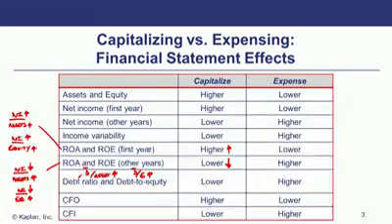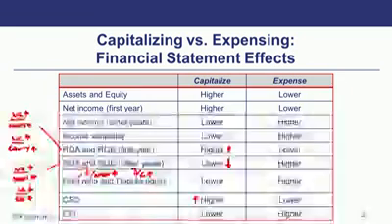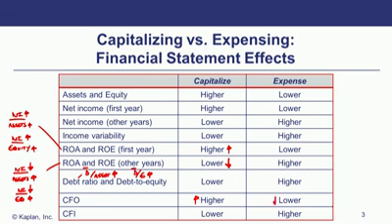So when you capitalise, it's treated as an addition to your infrastructure, and therefore the cash flow passes through CFI, which means, therefore, relatively speaking, our CFO will be higher. Now, when we expense, typically the cash flows pass through CFO, meaning our CFO is lower. So, essentially, if you capitalise, CFO will be higher, whereas if you expense, CFO will be lower.